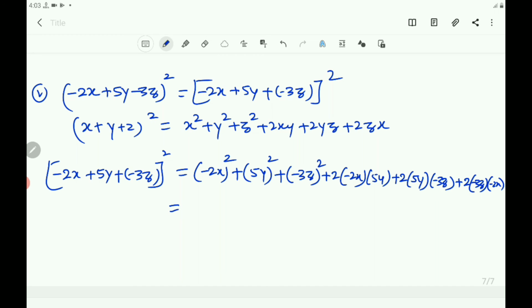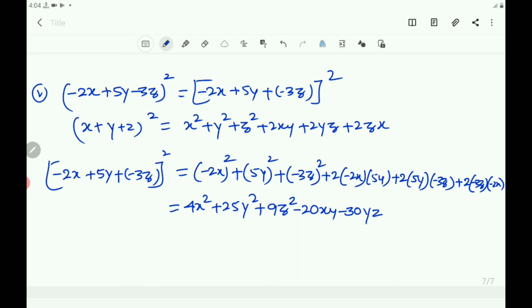So you got (-2x) whole square is 4x square, plus 25y square, plus (-3z) whole square is 9z square, and the product of 2 into -2 into 5: 2 2s are 4, 4 5s are 20, that is -20xy. Then plus 2 into 5 into -3, 2 5s are 10, 10 3s are 30, and negative, that is -30yz.